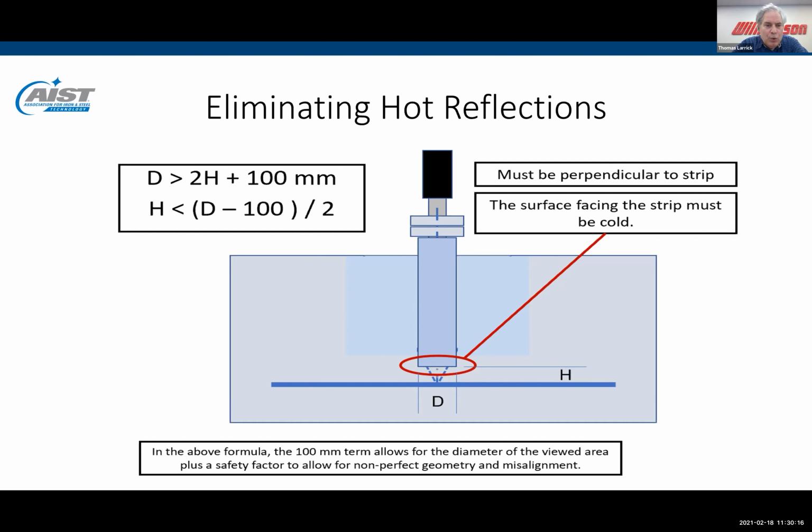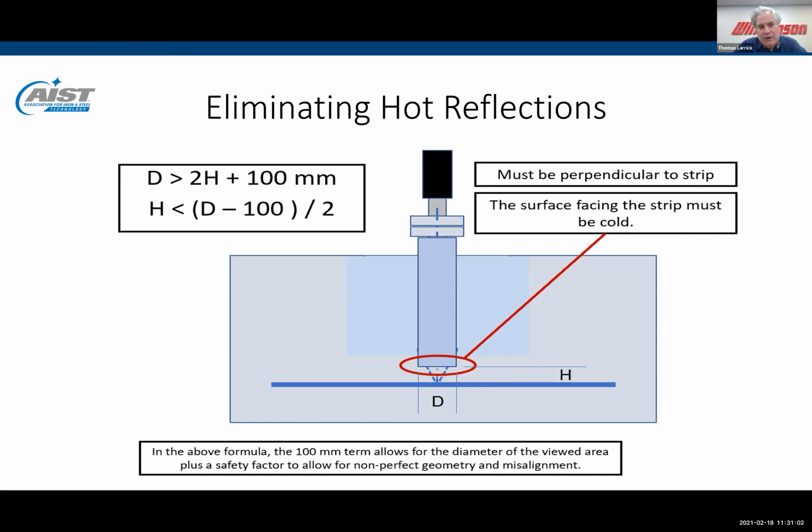So in order for that cooled viewing tube to become an effective shield to prevent the pyrometer from viewing a reflected image of a hot background, the geometry has to be right. First of all, the pyrometer needs to be mounted perpendicular to the surface of the strip. Secondly, the face of the cooled tube that is facing the strip needs to be large enough relative to the distance between the strip and the end of the tube so that it can prevent the view of the hot background.